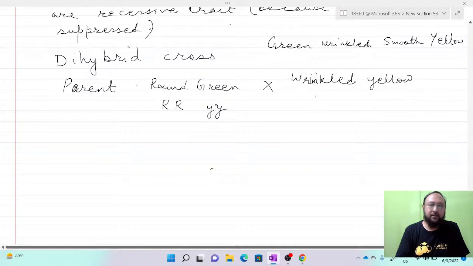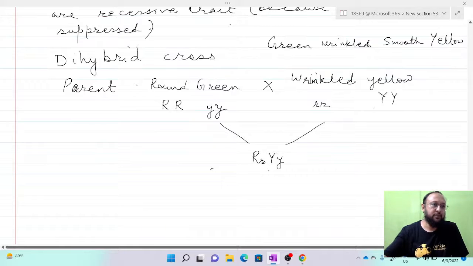In the case of wrinkled, it will be small r, and in the case of yellow it will be capital Y. After crossing this, what he obtained was R small r, Y small y. All plants in the first generation were round yellow.